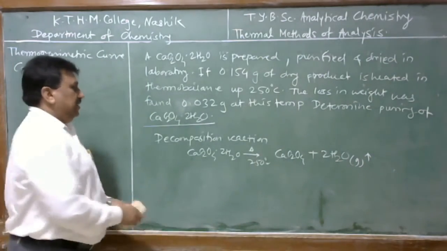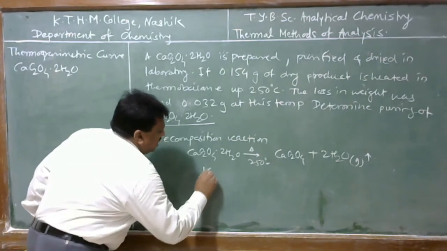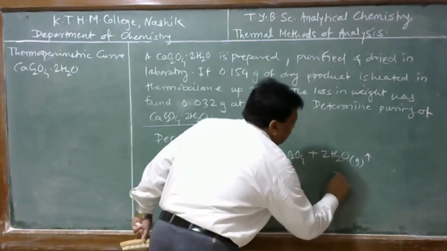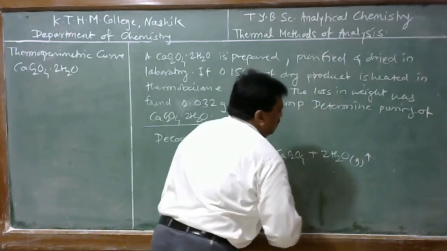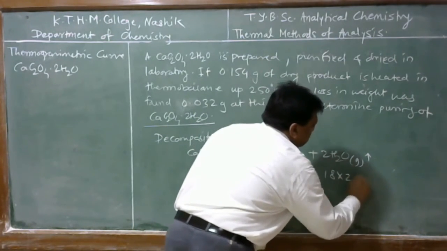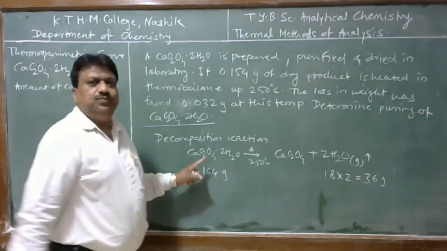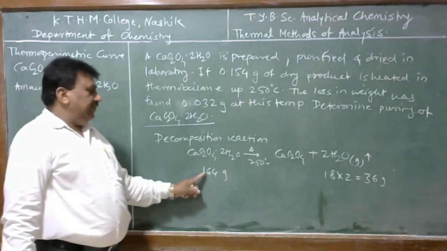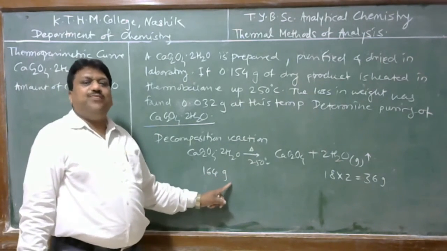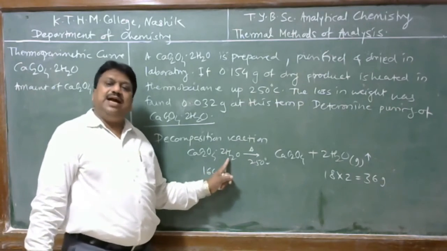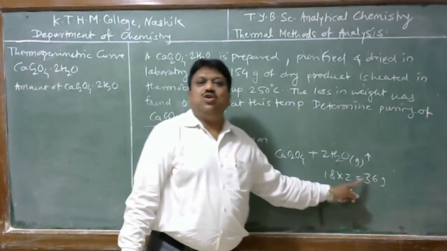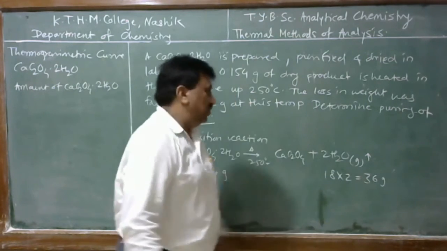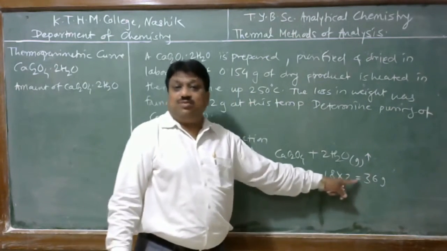In this case, the molecular weight of this is 164 gram per mole, and here 2H2O means 18 into 2, that is 36 gram. From this decomposition reaction we can say that if 164 gram of pure calcium oxalate dihydrate is present, then there is loss of, sorry, 36 gram of water molecule.